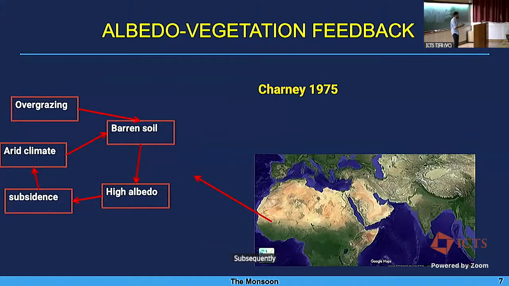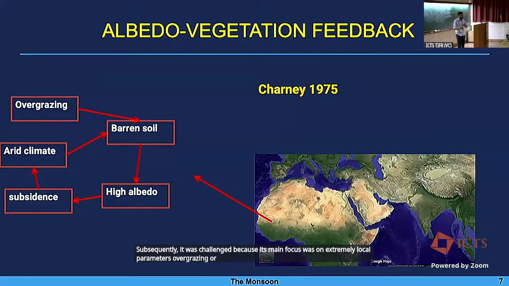Subsequently, it was challenged because its main focus was on extremely local parameters, overgrazing or vegetation, human-induced parameters. Other factors were not considered, especially factors coming from SST, variations in SST.